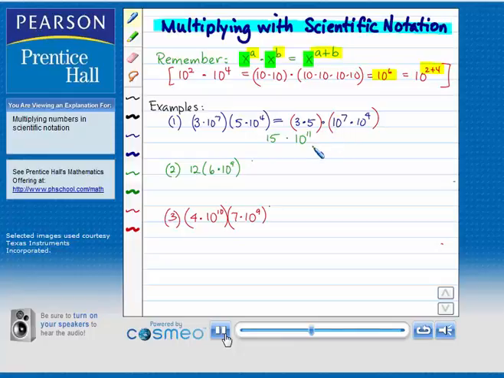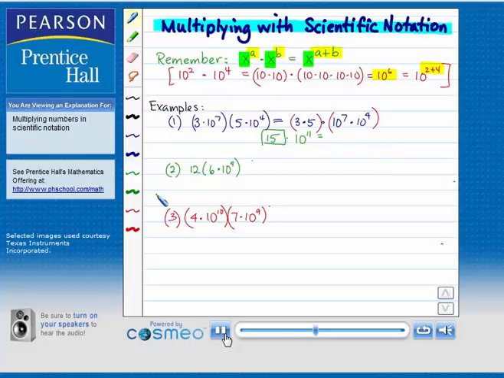Okay, now notice something about that answer. Even though in some applications you may want to leave it in that form, this is not in scientific notation. And in general, I want my answers to be placed into scientific notation form. Okay, so I'm going to take 15 and write that number in scientific notation.